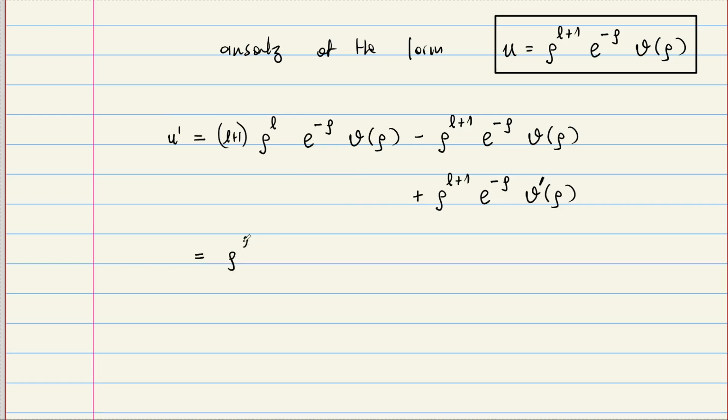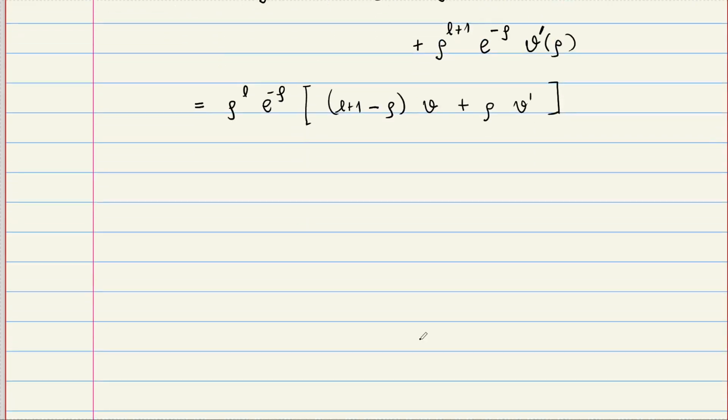So this is rho to the L e to the minus rho times I have L plus 1 minus rho multiplying v plus v prime. I think I also have rho here because I take this one out. So this is rho. So first derivative was not bad. We have to do one more.